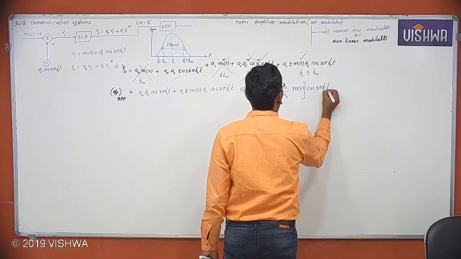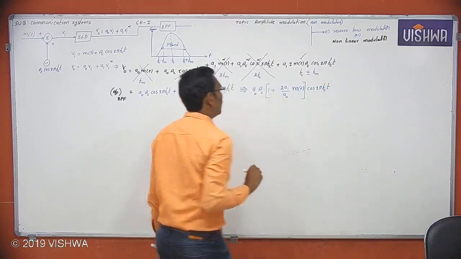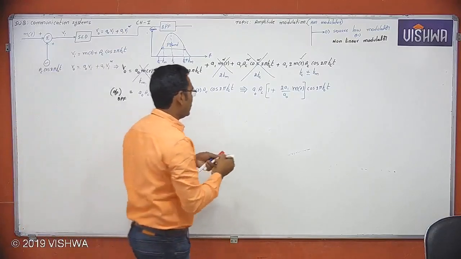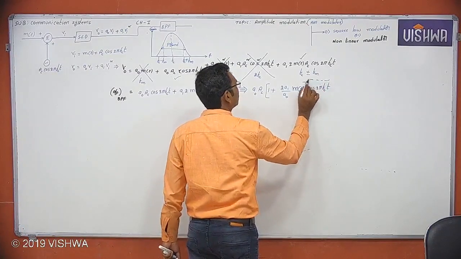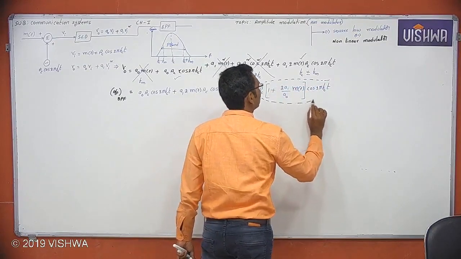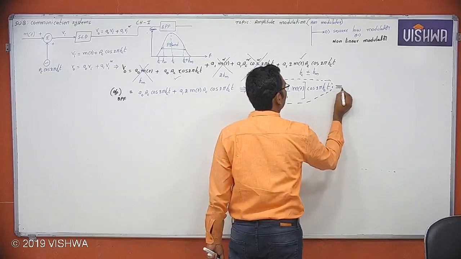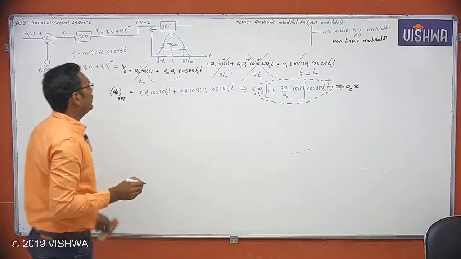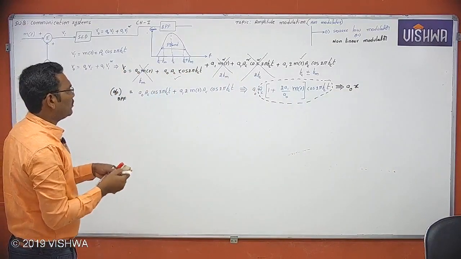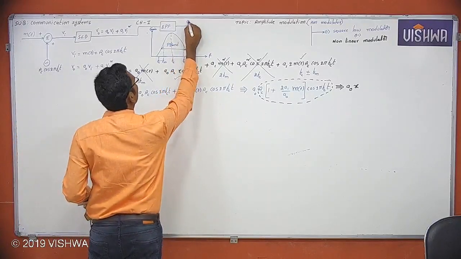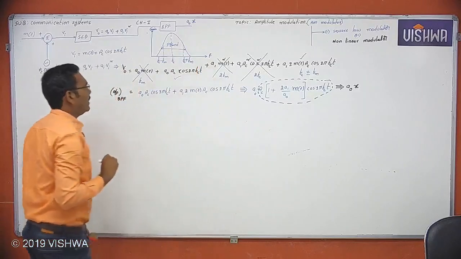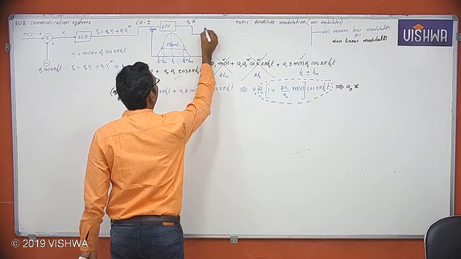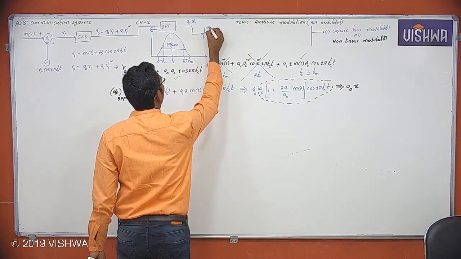So this is the output of the band pass filter. Now some scaling: this is A naught into X, and you want to eliminate A naught. To cancel A naught, what should we do? You just pass it through an amplifier circuit.